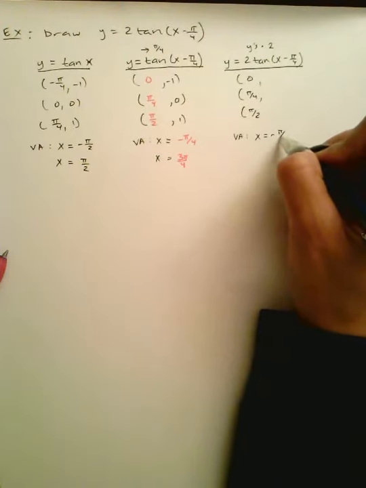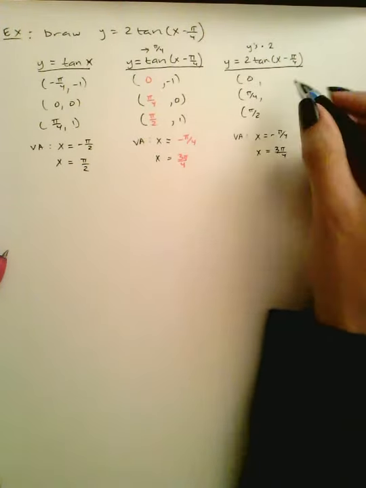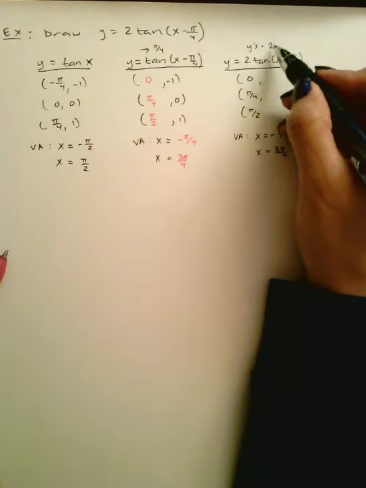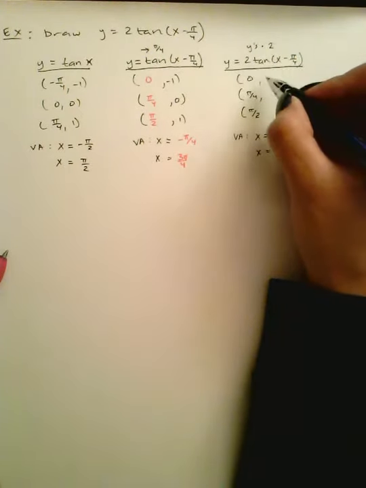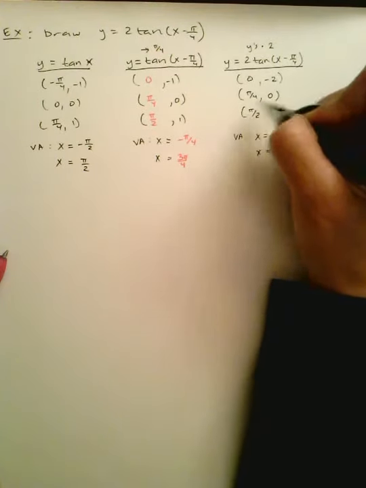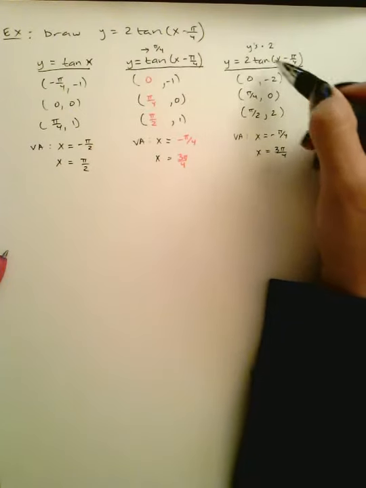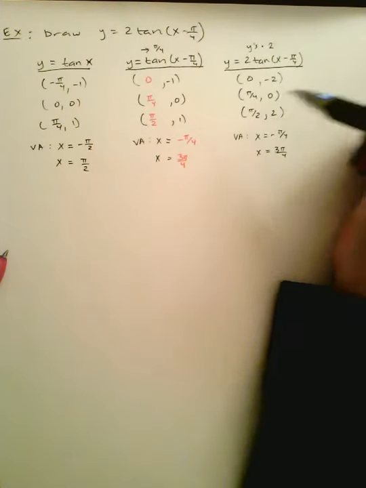So x equals negative pi over 4 and x equals 3 pi over 4. Now I multiply the y values by 2, so negative 1 times 2 gives me negative 2, 0 times 2 gives me 0, and 1 times 2 gives me 2. These are the new points that I'm going to plot.